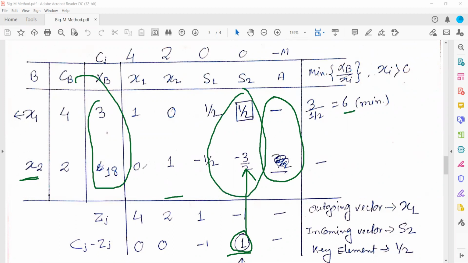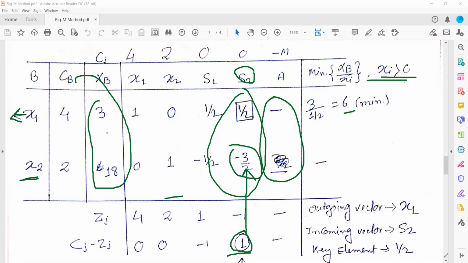Now 18 by, oh, this is negative, so you can't take negative. Okay. So 6 is the minimum. That means now this vector x1 is the outgoing vector. And which one is the incoming vector? Corresponding to the key column, which vector is there? S2.